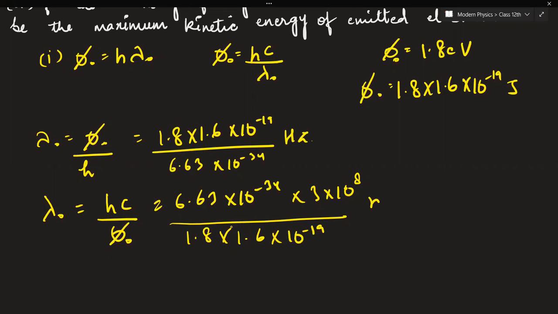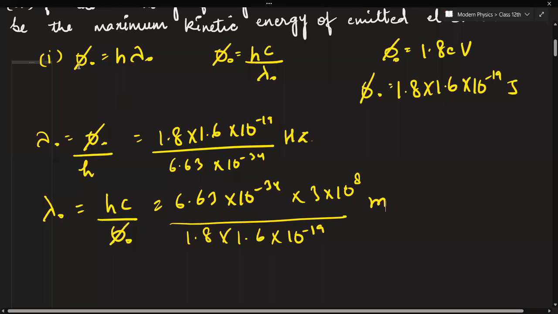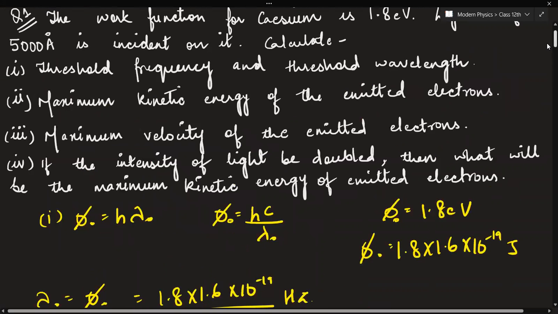This many meters will be the wavelength. Is this fine with all of you? The work function's formula is this, and it is this as well. Nu naught is unknown, phi naught is given, h you know, c you know. Lambda naught is unknown. So like this, you have to calculate if the work function is given.